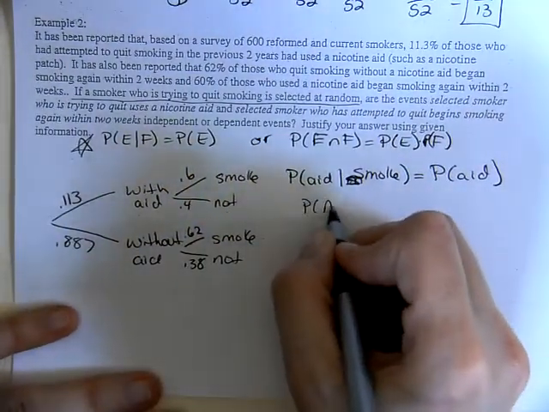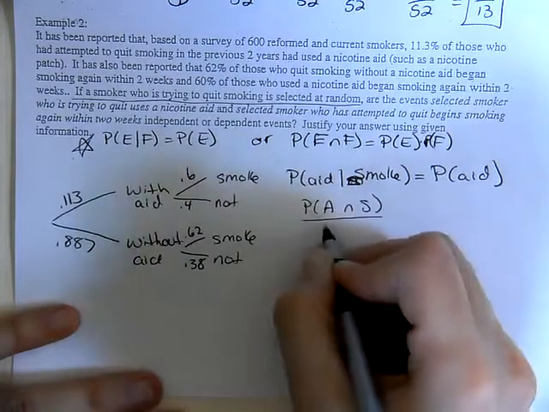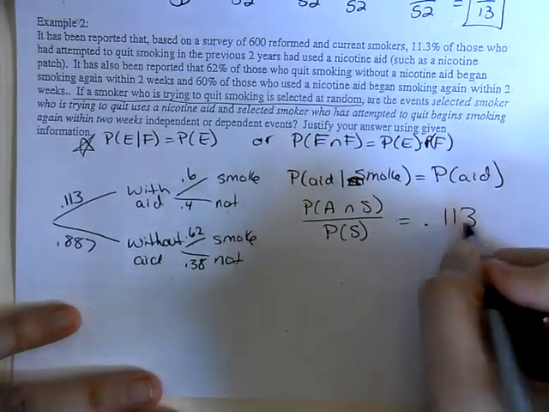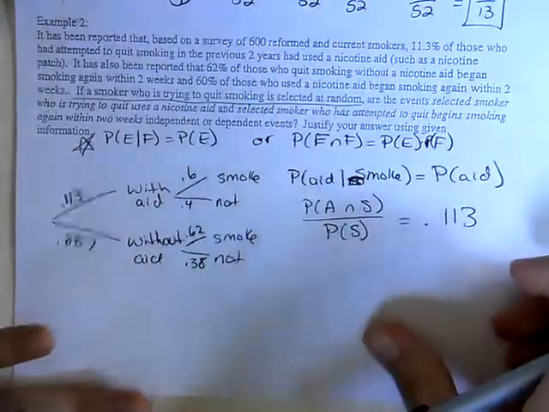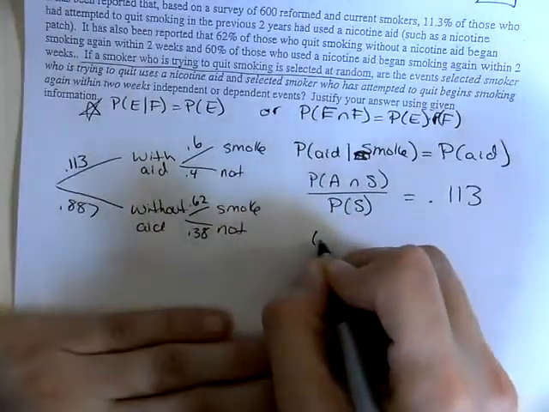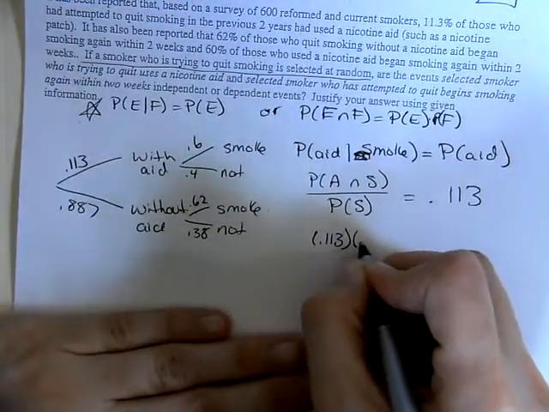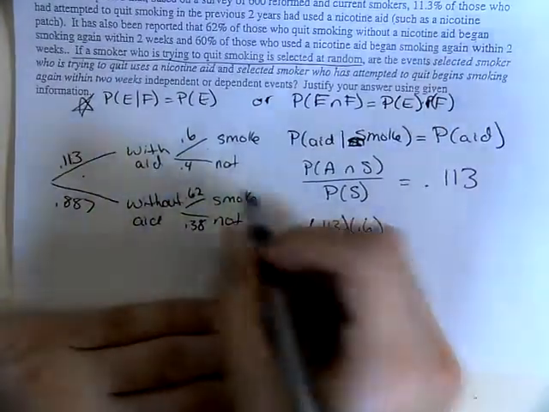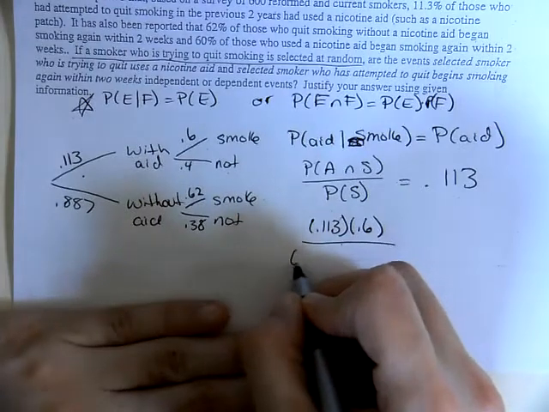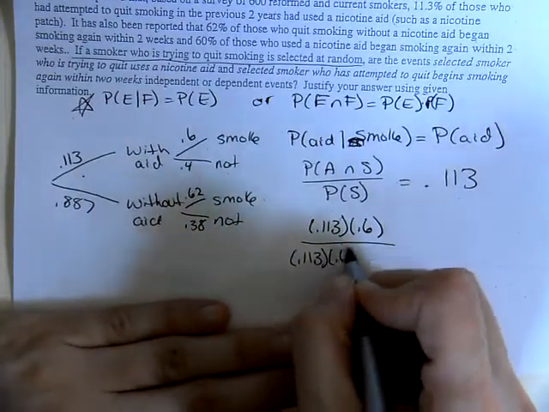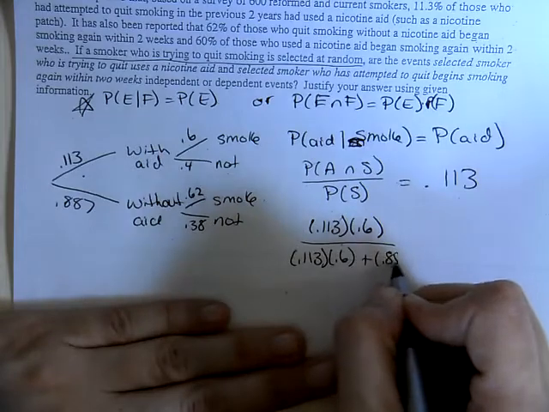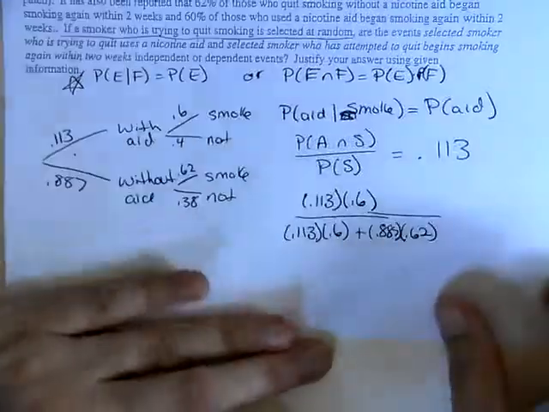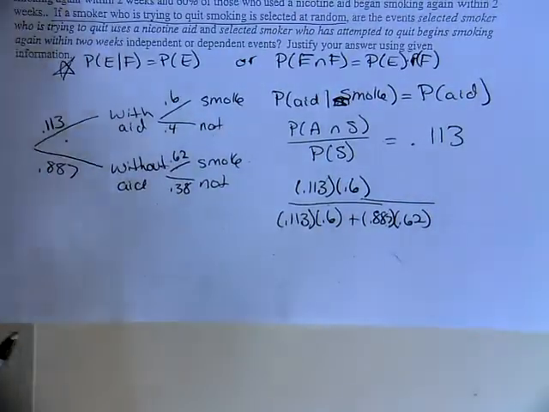So this is the probability that they used an aid and they smoked again within 2 weeks, over the probability that they smoked. It should equal 0.113, because that's the percentage of people who used an aid to quit smoking. So 0.113 times 0.6, they used an aid and they smoked again within 2 weeks. There's 2 ways they could have smoked. They either used an aid or they did not.